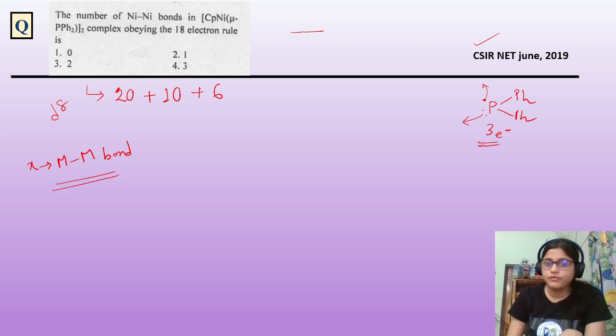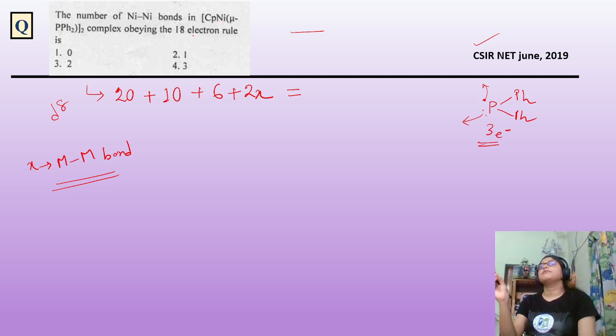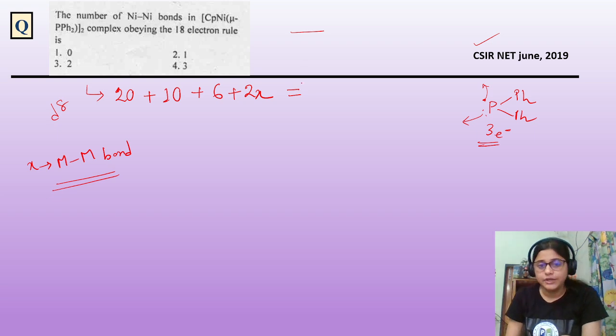For each bond, 2 electrons are involved, so 2X will be there. Equal to 18 if following the 18 electron rule? No. Here whole 2 is given, so for 2 Ni, if both follow the 18 electron rule, it will be 18 into 2. So we have to solve this equation and calculate the value of X.